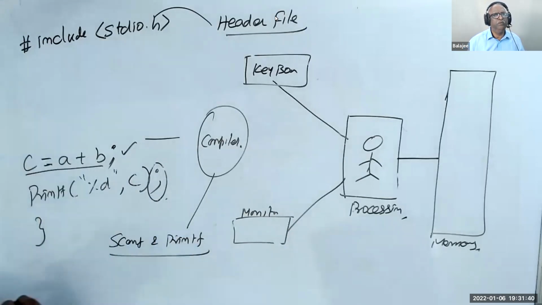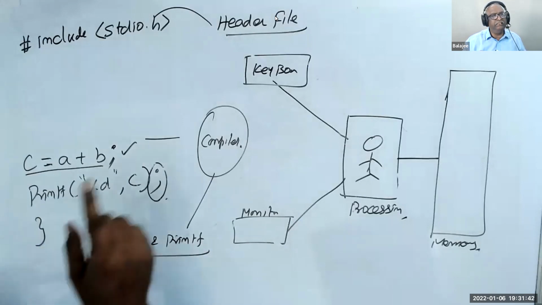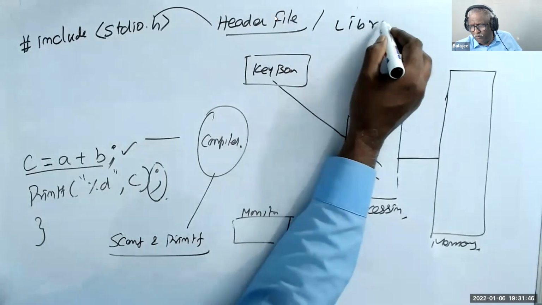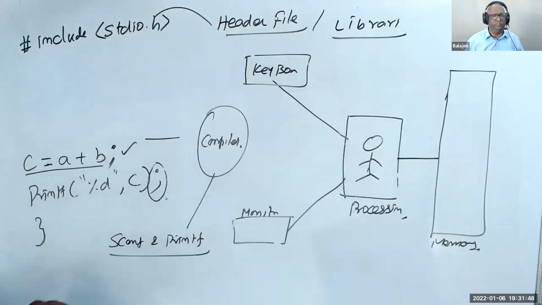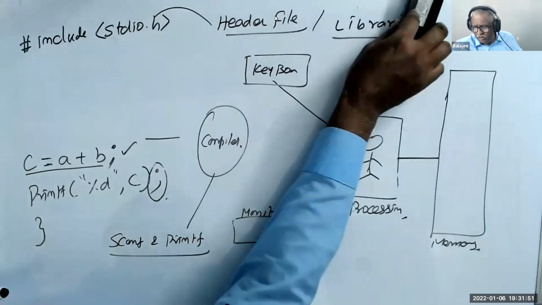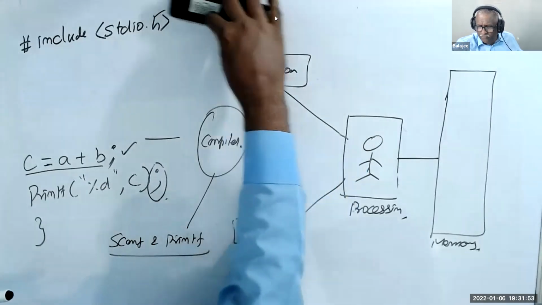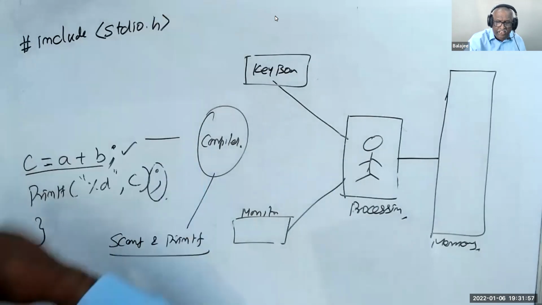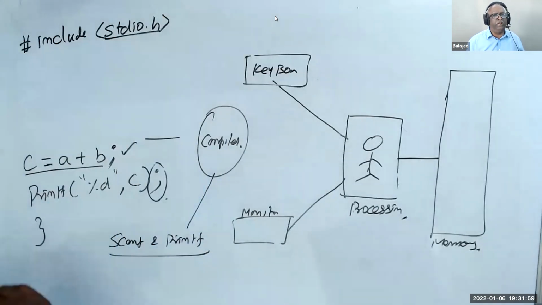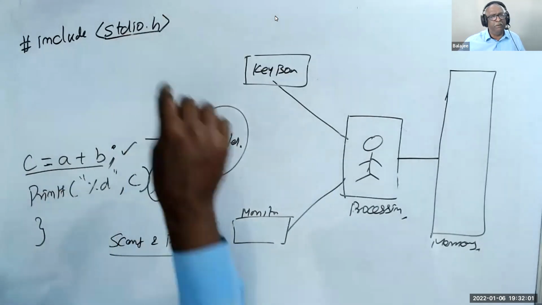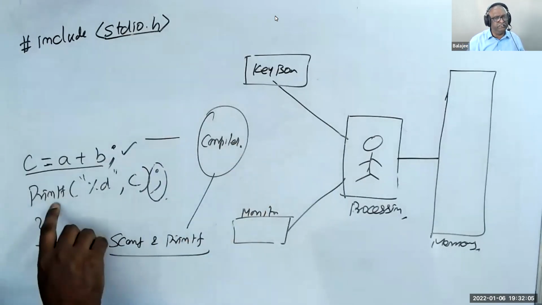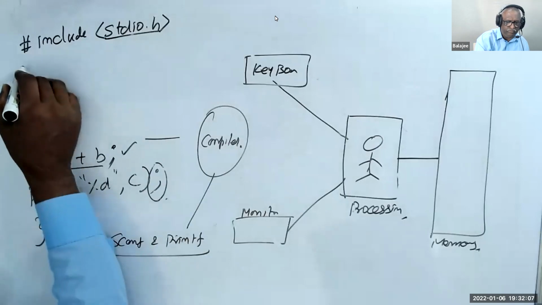That's all. There's a big confusion. This is called header file. The other one is called library. I'm not discussing it now. We will discuss later. There are two differences, so let us not worry about it in depth. By defining this stdio.h, we are telling the compiler, hey, I am using these two functions, printf and scanf.